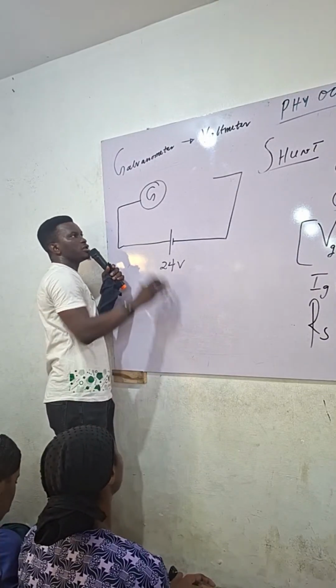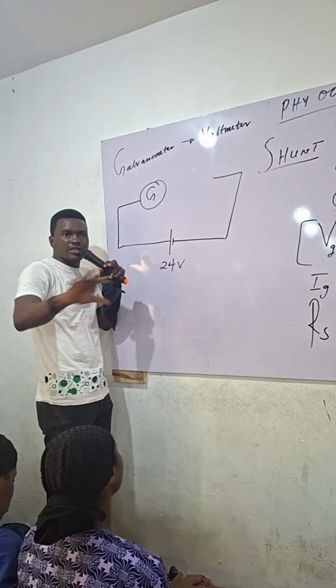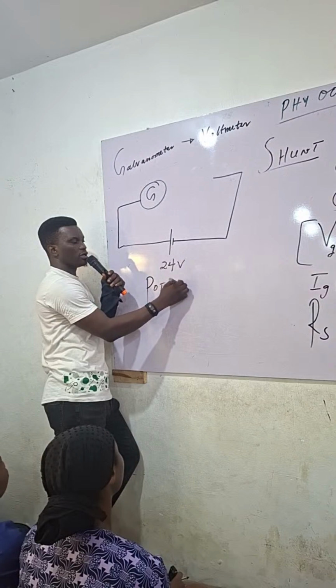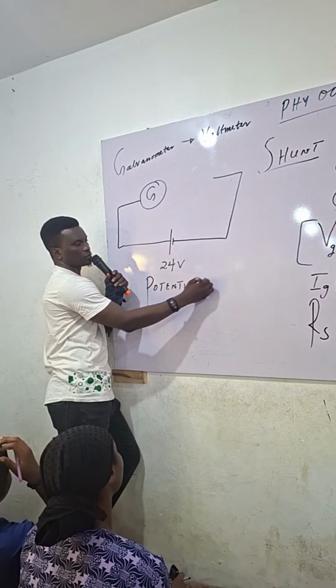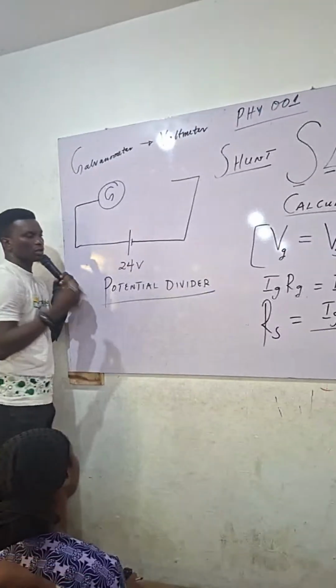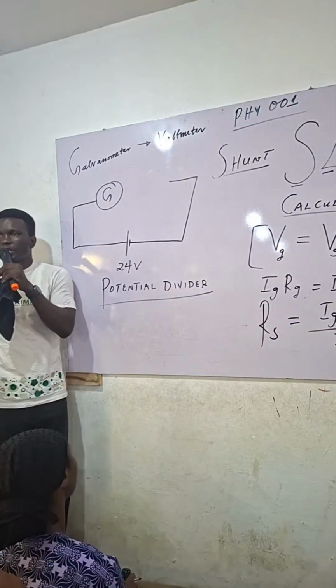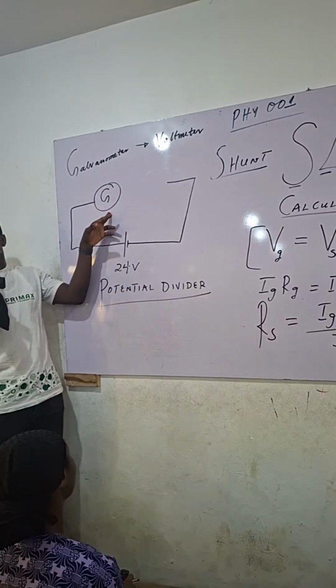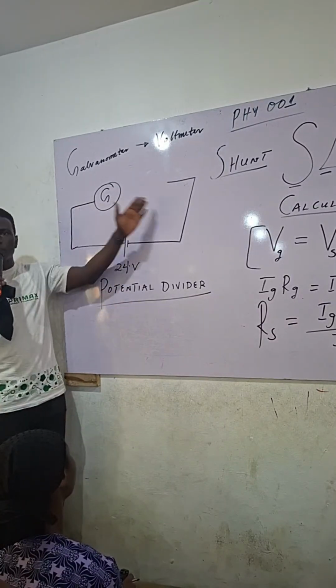So I need to plug something that will divide it. We usually call something potential divider. So I want to divide this potential in such a way that the galvanometer can measure it.